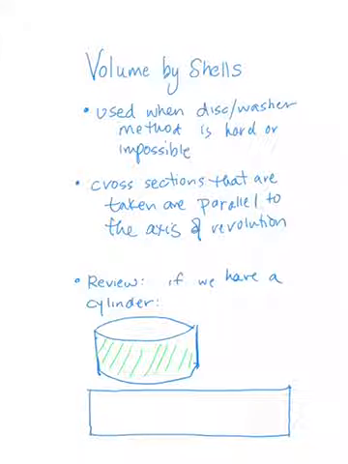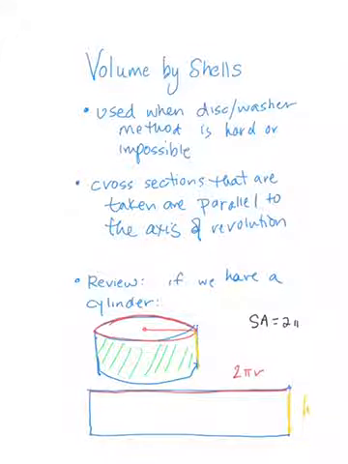If we cut it right on its side and then lay it out, it's a rectangle. We know that one length is 2 pi r, that's the circumference, where r goes from that axis, and then the height is just the height of the slice. And so our surface area is 2 pi r times h.